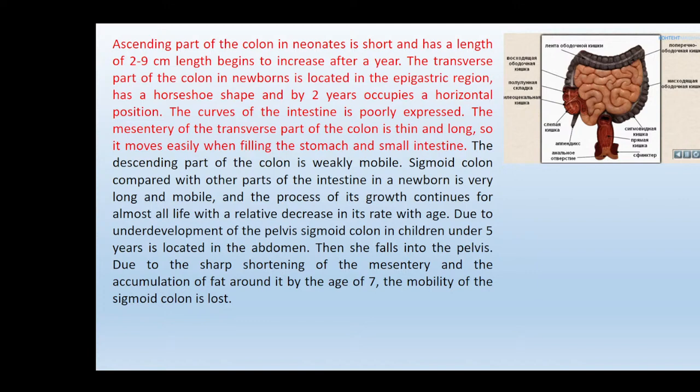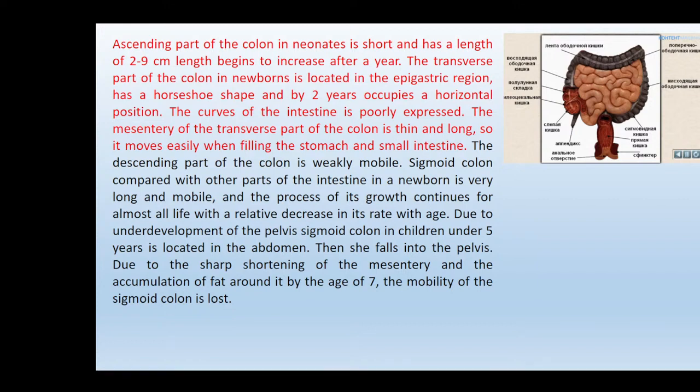The process of this growth continues almost all life, with a relative decrease in its rate with age, due to underdevelopment of the pelvis. The sigmoid colon in children under 5 years is located in the abdomen.